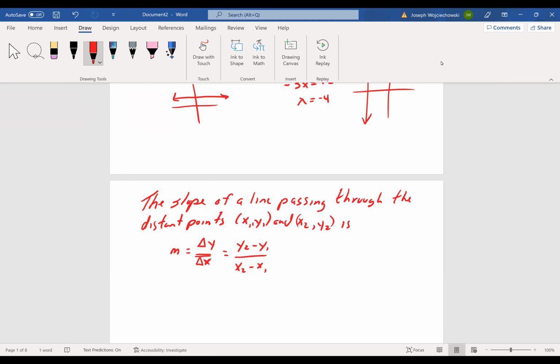Okay, first thing to keep in mind is it doesn't matter which point is x1, y1 and x2, y2. Just make sure that when you do your y2 minus y1, the x2 is the x that goes with the y2. And there is one caveat here. Provided x2 minus x1 does not equal 0.